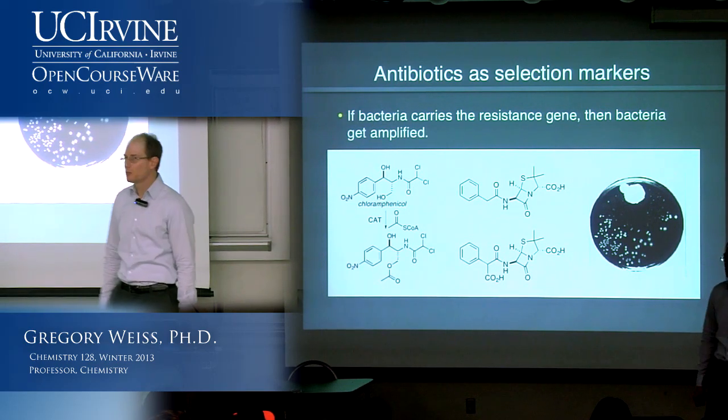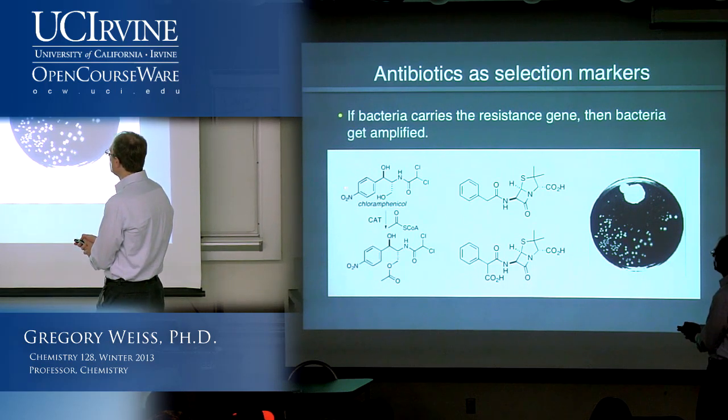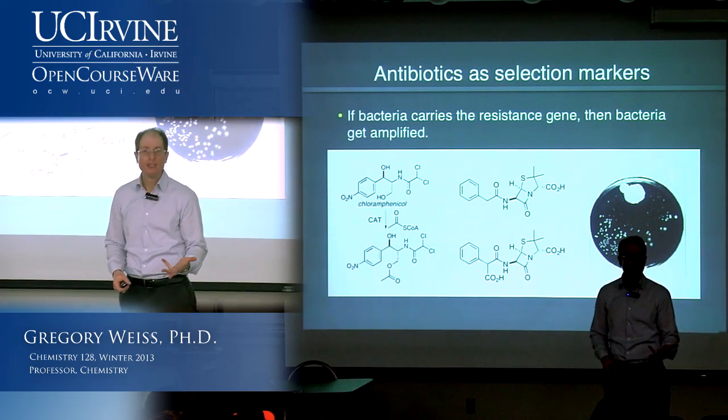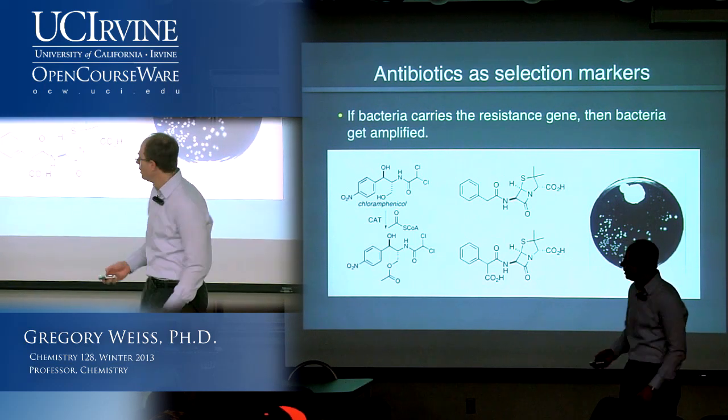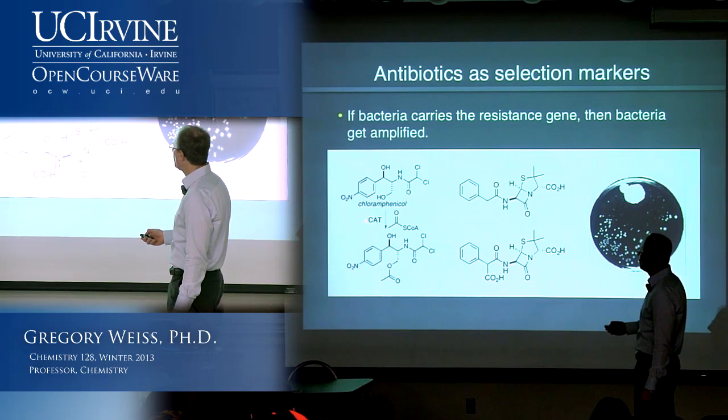Okay, so here's another way that this can work. An antibiotic that's commonly used is chloramphenicol. Chloramphenicol inhibits the ribosome. We talked about the ribosome before. The drug resistance gene encodes an enzyme called chloramphenicol acetyltransferase, or CAT.